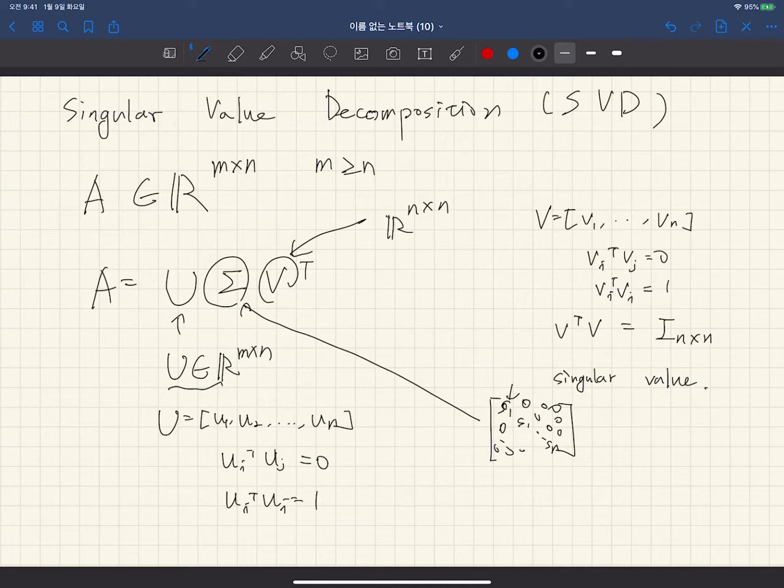But the left and right matrices have different shapes, so we have left singular vectors and right singular vectors.